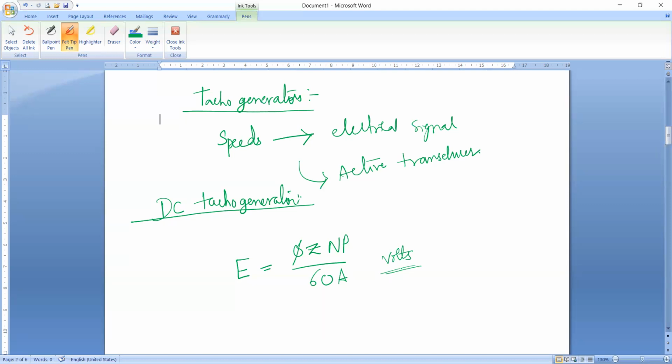Next is ultrasonics. Ultrasonics refers to sound waves transmitted above the human detectable frequency range. As we know, the audio frequency range is 20 hertz to 20,000 hertz.